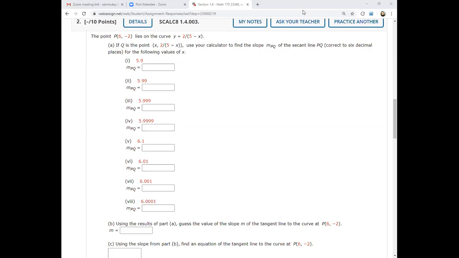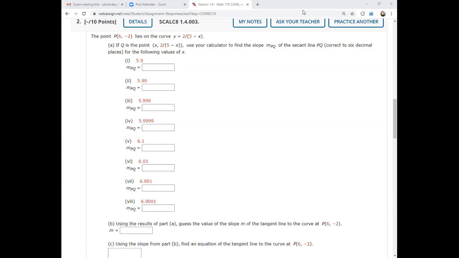Yeah, I did it this way and ended up getting the two terms x minus 6. So 2 plus 10 is 12. So I have m equal to 12 minus 2x over 5 minus x times x minus 6.